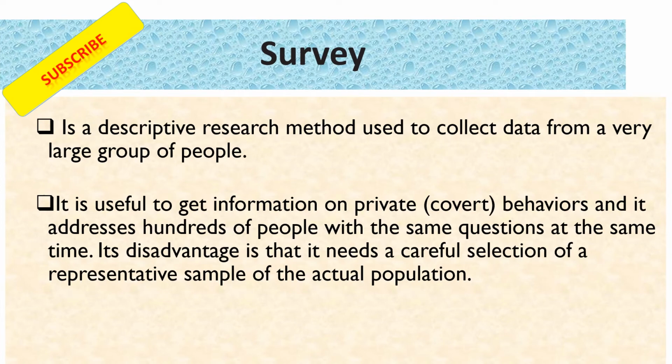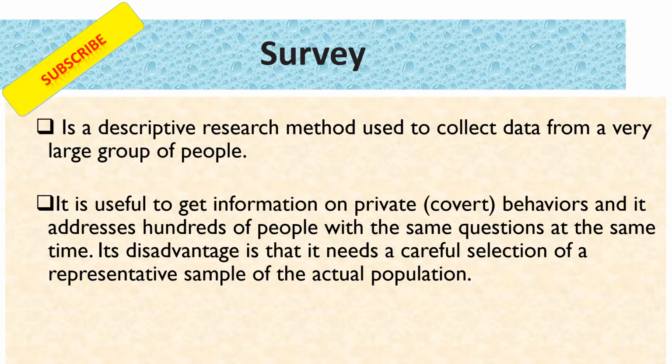And when we talk about the survey, this is also another method that is used to collect data from a very large group of people. It is useful to get information, and it addresses hundreds of people with the same questions at the same time. Its disadvantage is that it needs a careful selection of a representative sample of the actual population.